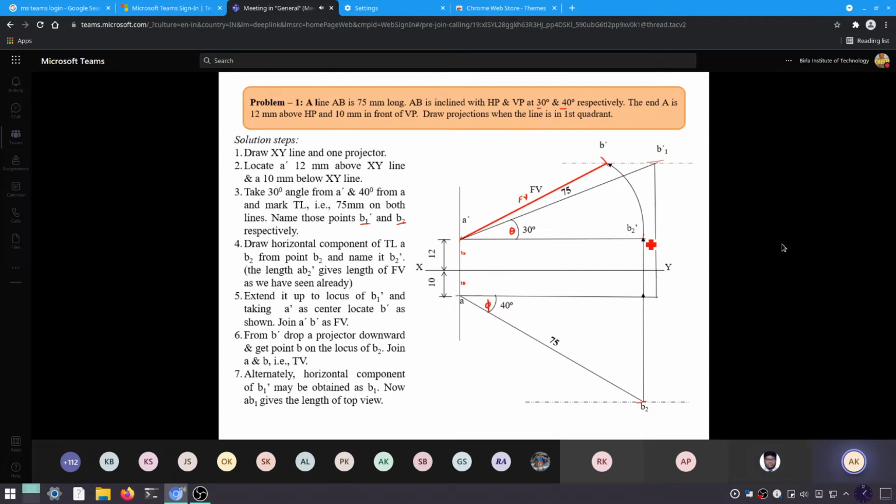Either you drop it over here, or extend it further, both will give you the same value, right? Now you got the length of top view.